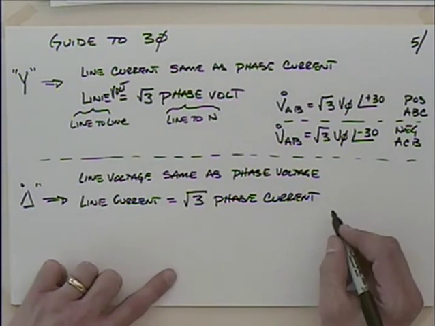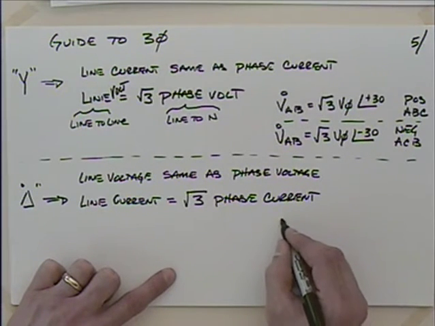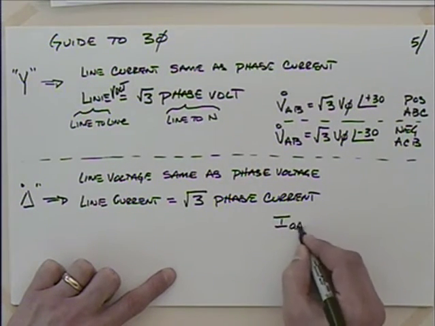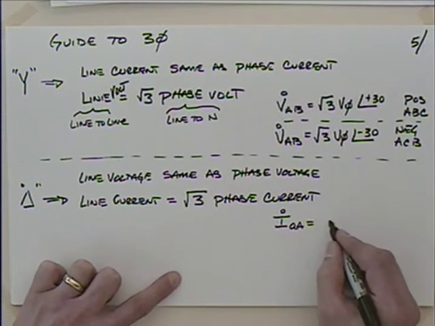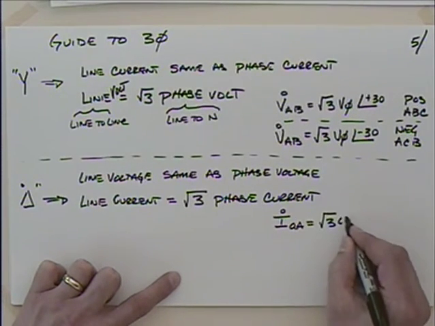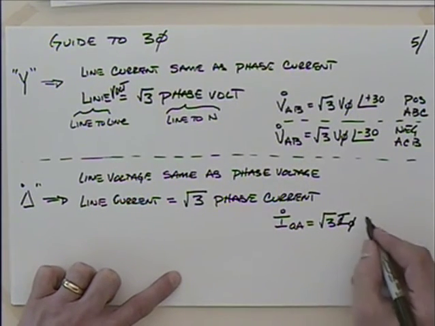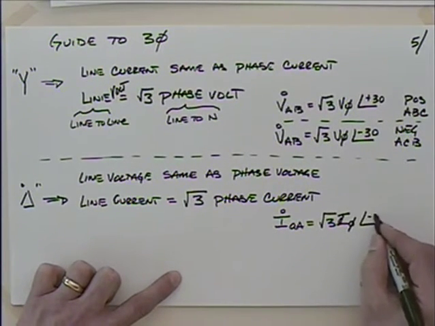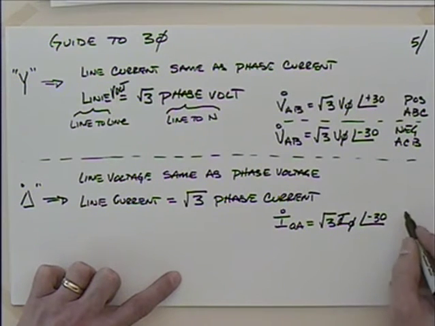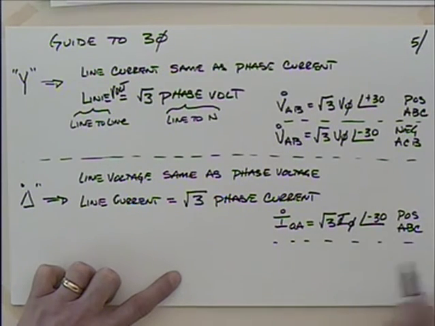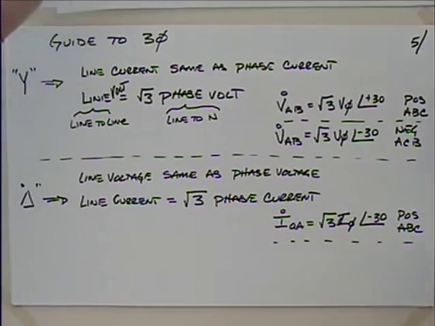And an example of this, again, would be to say that I, little a, big A, is equal to the square root of 3 times I phi. And then I have to subtract off 30 degrees, and that was for what? The positive ABC. And conversely, if we went through the derivation, I mean, I'm not just making this up.